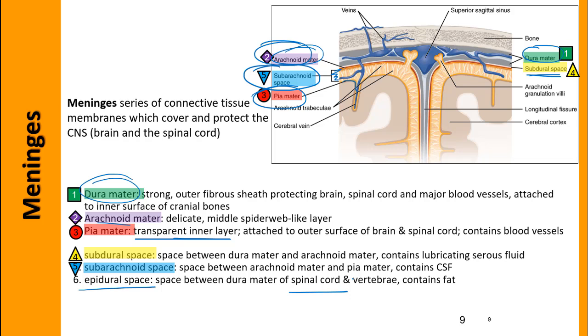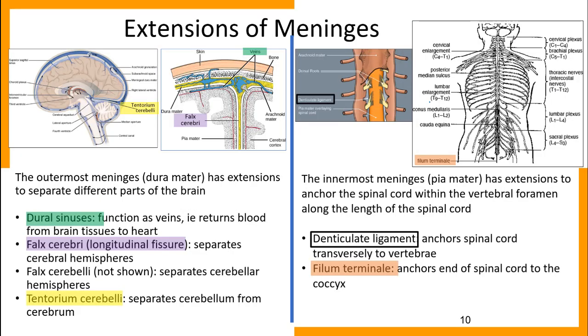So when you look at this, what you can see is you've got three different connective tissue linings. What I want you to see is the dura mater. The dura mater also extends deep into different parts of the brain and spinal cord. So we have these extensions of the meninges, right?